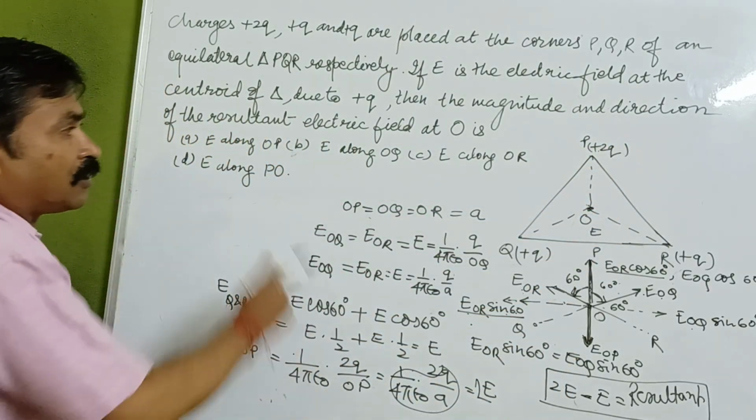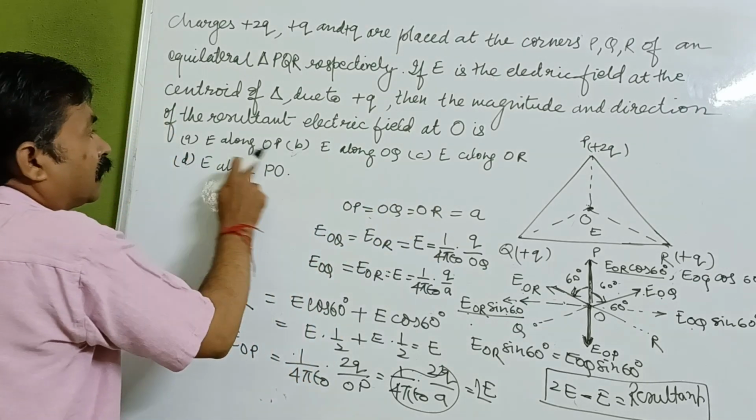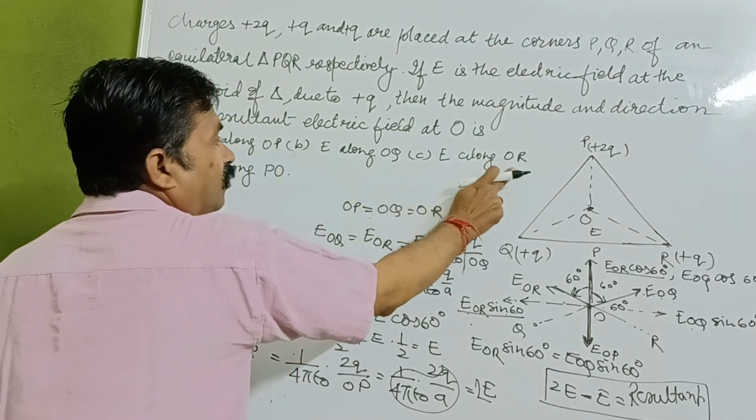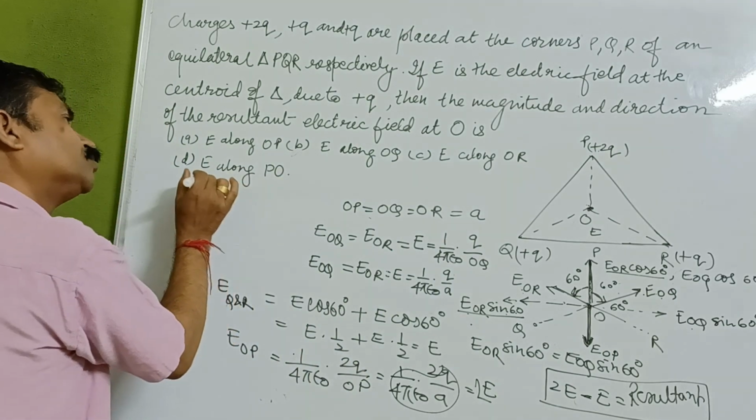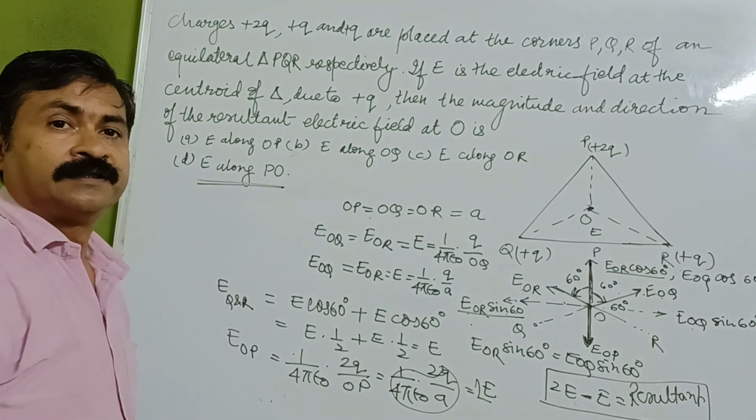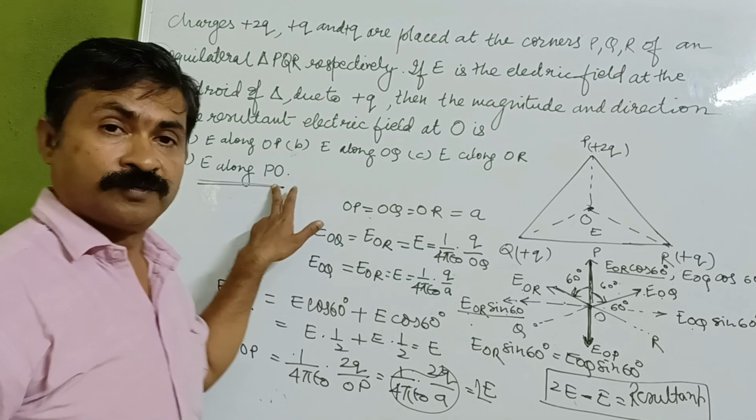So if we go through the options, we have E along OP, E along OQ, E along OR and E along PO. So the final answer will be E along PO.